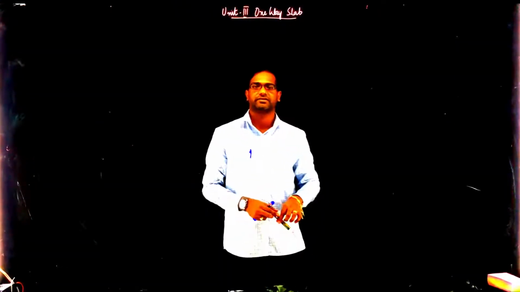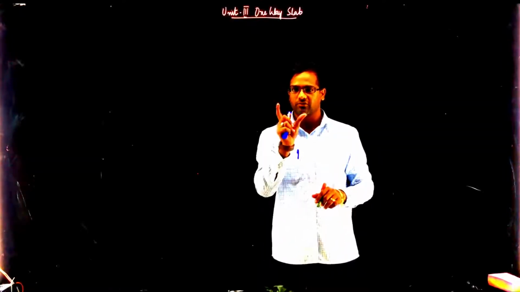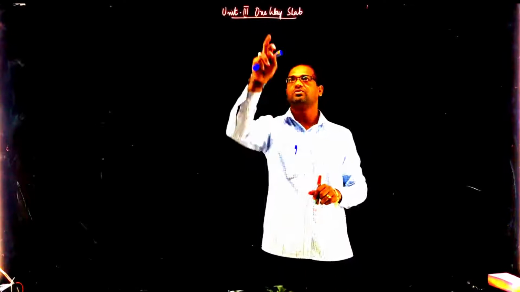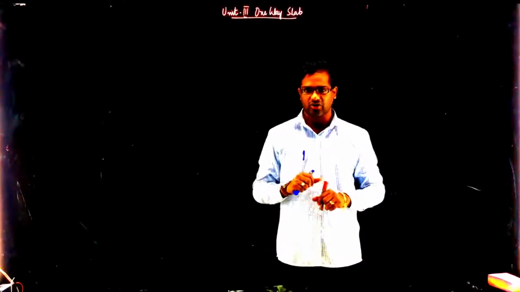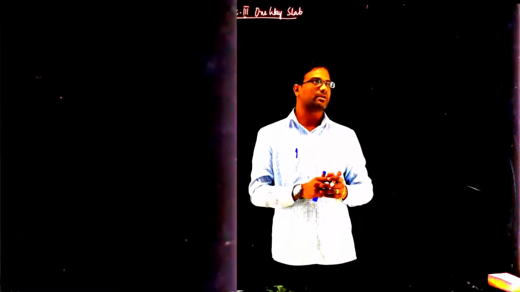So as I said, a slab is designed as a beam of 1 meter width. So what is this one-way slab all about? We will talk about one-way slab, then we will talk about two-way slab.